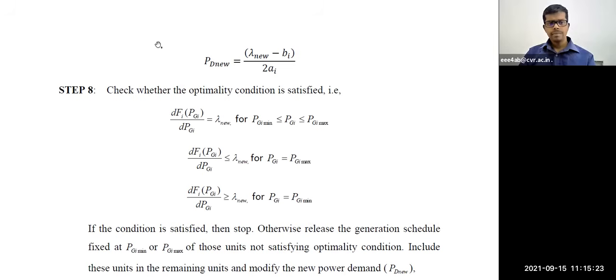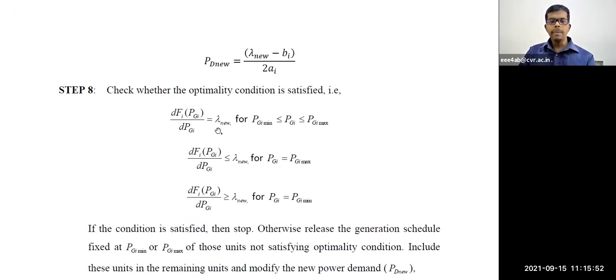That's all. Next, check whether the optimality condition is satisfied or not. We already saw this optimality condition in the first class itself; we derived these conditions at the start, in economic load dispatch of n thermal generating units without losses, three conditions.